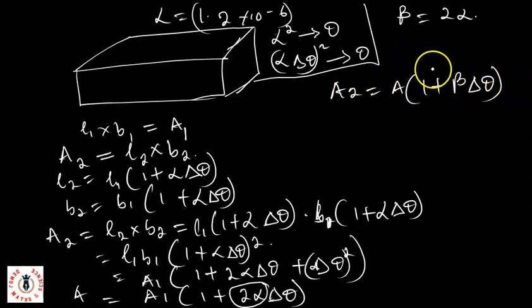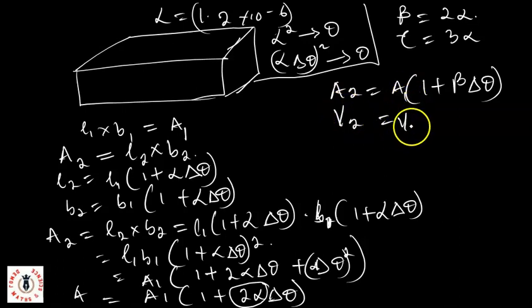Same way, for volume expansivity, the volume expansivity of that object will be 3 alpha, so that V2 is the same thing as V1 into 1 plus volume expansivity times delta theta.